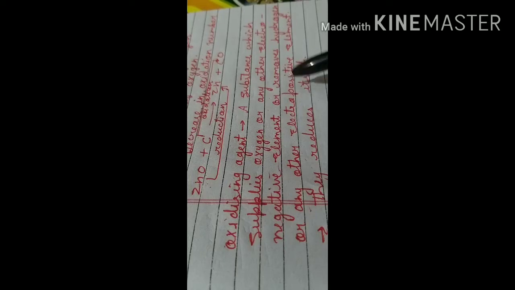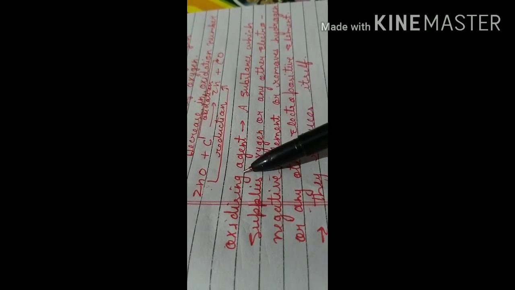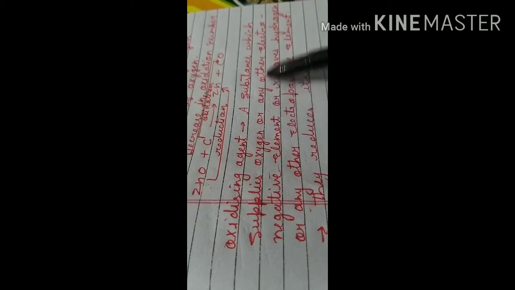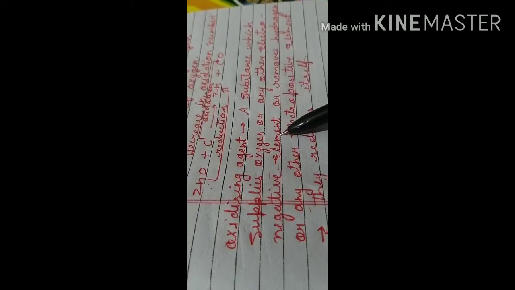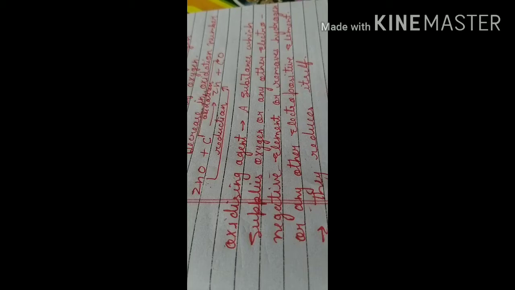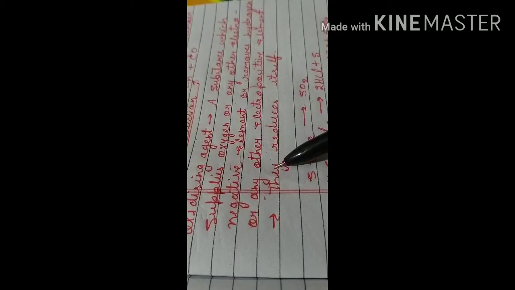So the oxidizing agent supplies oxygen or removes hydrogen, or otherwise provides any electronegative element. Those substances are oxidizing agents, and every oxidizing agent provides oxygen for the oxidation but it reduces itself.